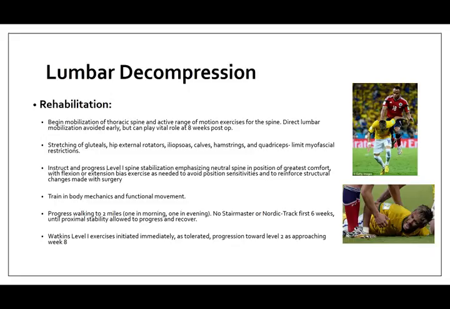You want to make sure you're working on flexibility of their gluteals, hips, hip flexors, calves, hamstrings, all the lower extremity musculature, so that when the time comes for them to start using them a lot, there are no soft tissue restrictions or extensibility issues there. You want to instruct and progress the level 1 spine stabilization exercises emphasizing neutral spine in positions of greatest comfort, with flexion or extension bias exercise as needed to avoid position sensitivities and to reinforce structural changes made with surgery.